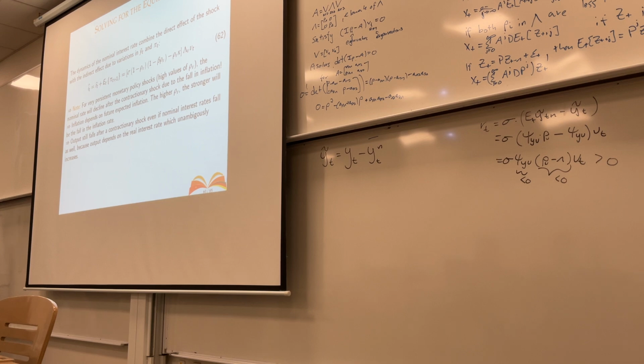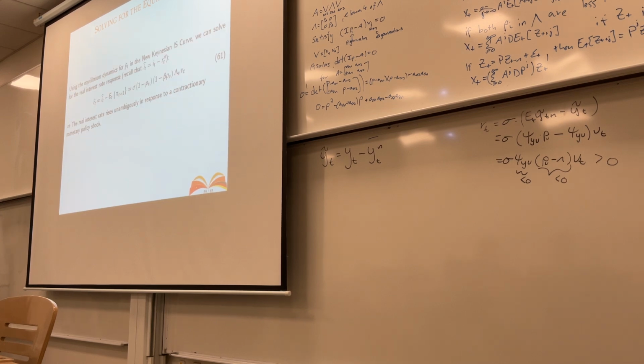Okay, now how about the nominal interest rate? The reason why this is perhaps not straightforward, we go back to our Taylor rule. We have a positive shock to nu, and we've just determined that by its contractionary nature, this is going to drive down demand, drive down inflation.